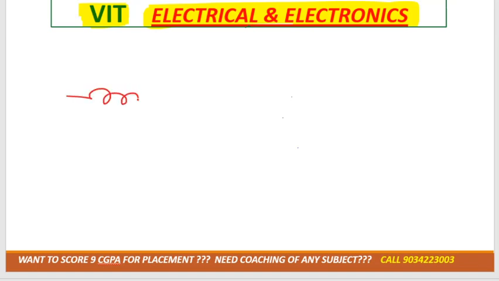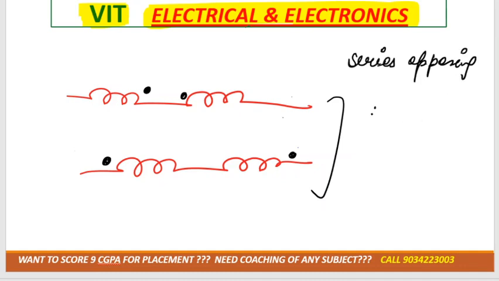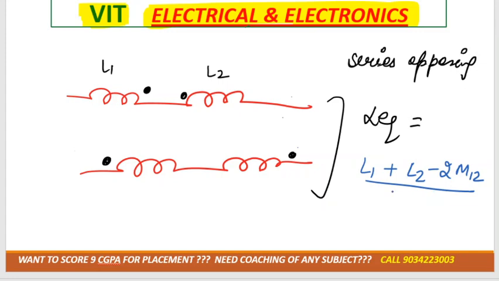If two inductors are connected in series, but now one dot is on the exit side and the other on the entry side, or one is on the entry side and the other is on the exit side, then that is known as series opposing connection. And in this case, the formula for L equivalent, suppose this one is L1 and this one is L2, is L1 plus L2 minus 2M12.